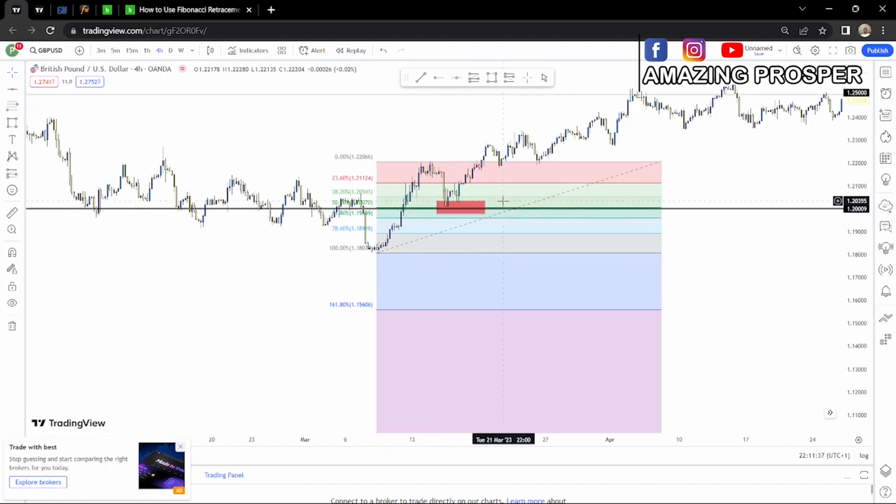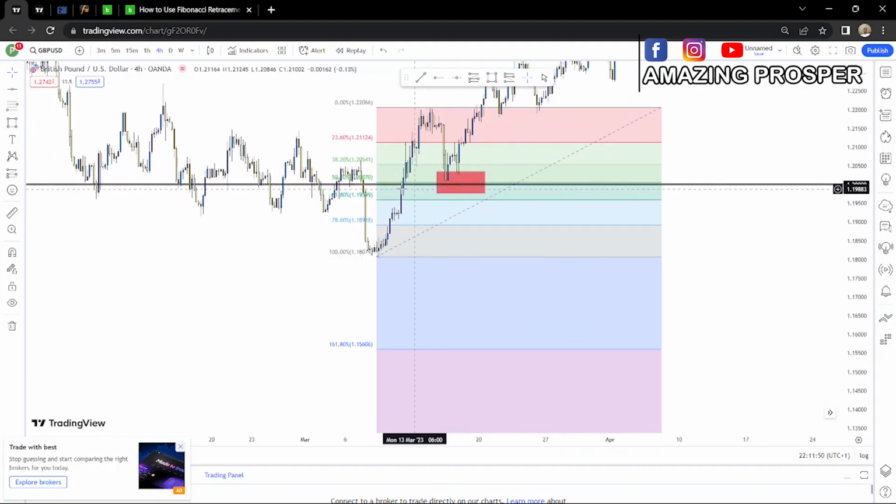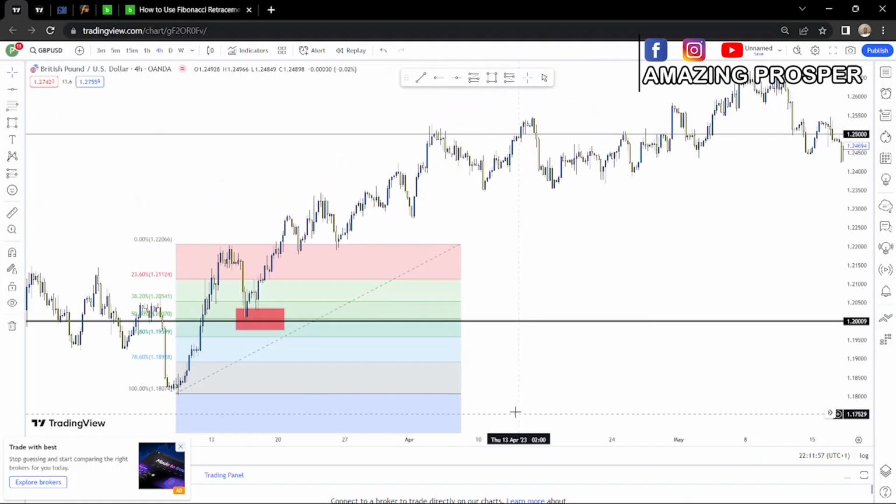I also use the horizontal line, but I always have it in the back of my mind that it is a zone, not just a straight line. It is a zone that the market always obeys. So you can see that the market finds support at 50.0, or you can equally say 38.2, but it's just a zone. Let's check another one.